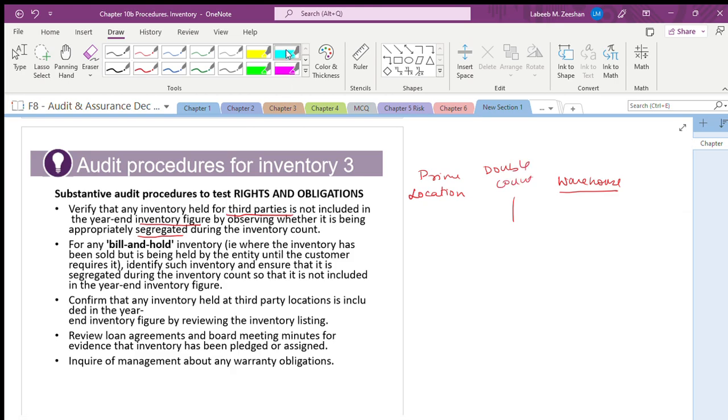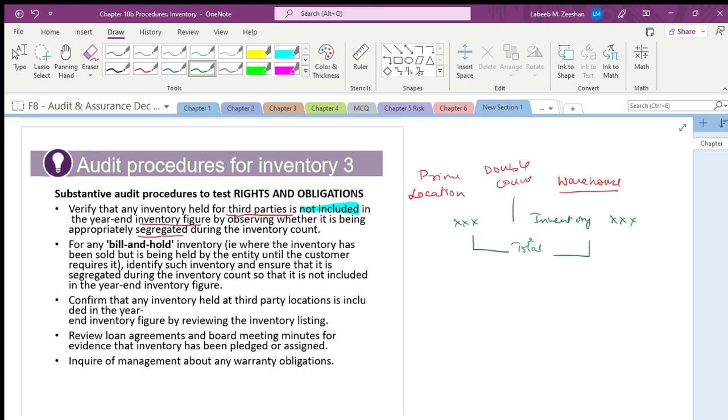They are saying that the inventory held for third parties is not included. You have to mention what the inventory is in terms of the warehouse and what the inventory is in terms of the prime location. Both have to be separately reflected, and ultimately you have to make a total.